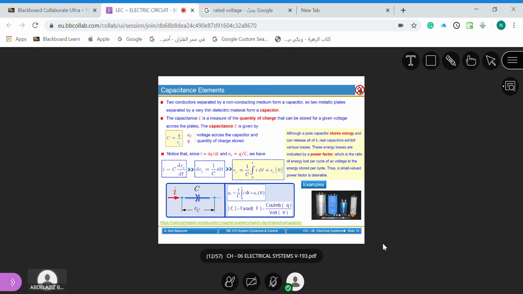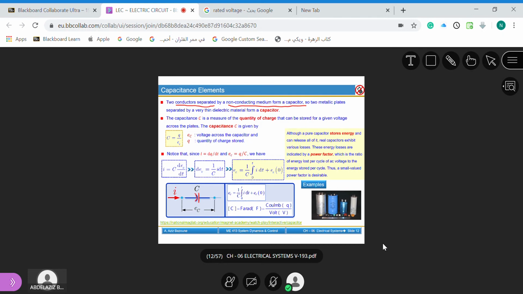The capacitance element: two conductors separated by a non-conducting medium form a capacitor, like this one here. Two conductors from here, there is a medium in between these two, one, and this is the other one. The medium is empty.